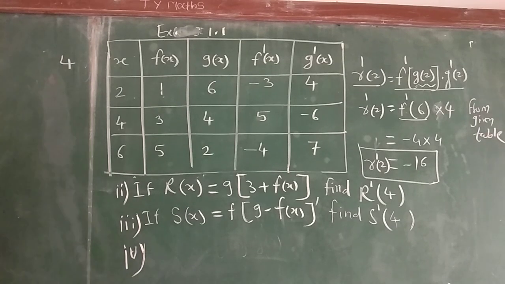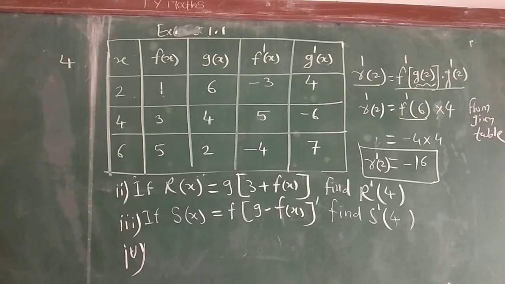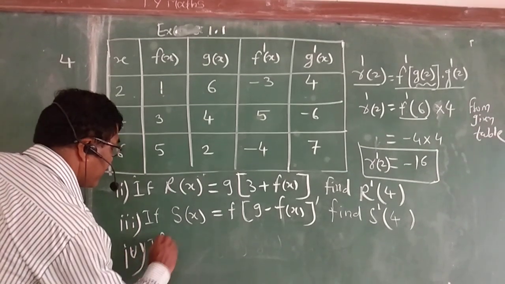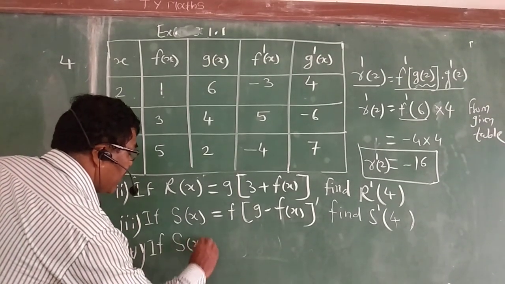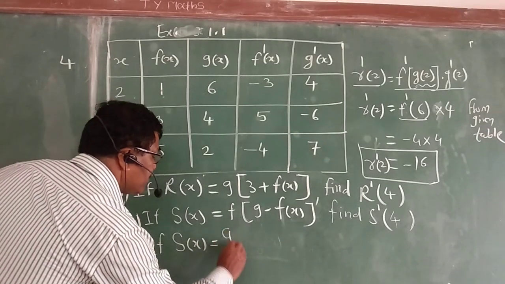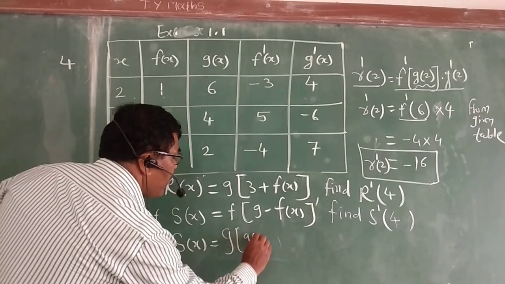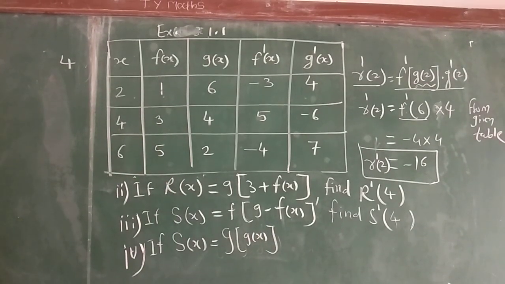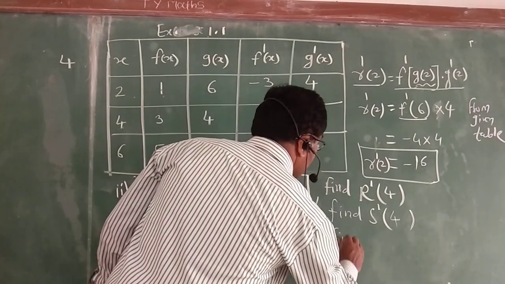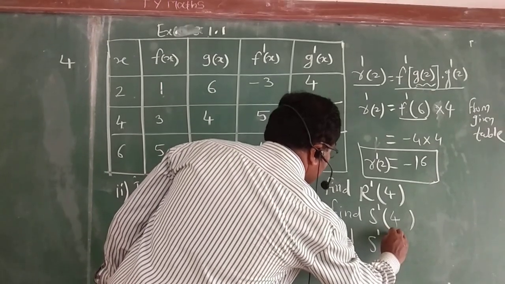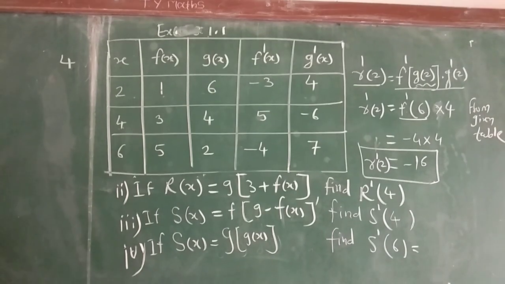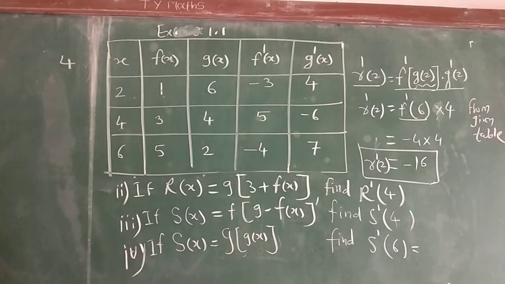Question number 4, if s of x equal to g of x, find s dash 6.